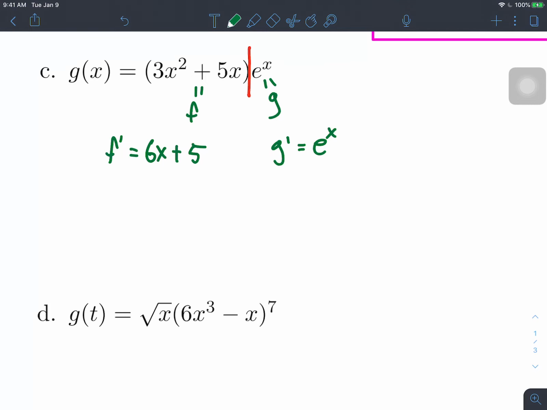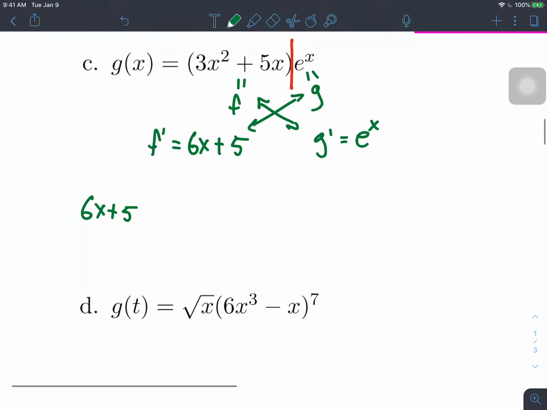So I should take f prime g, and then I should add f g prime. So my answer is 6x plus 5. I should have made this an h again. So h prime of x is 6x plus 5. Need to remember to put parentheses around that. Times g, that's e to the x.